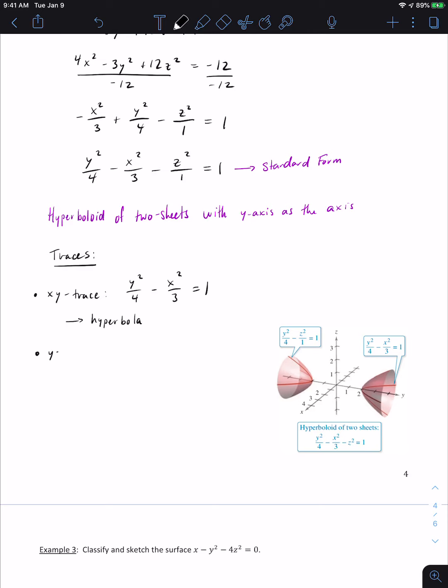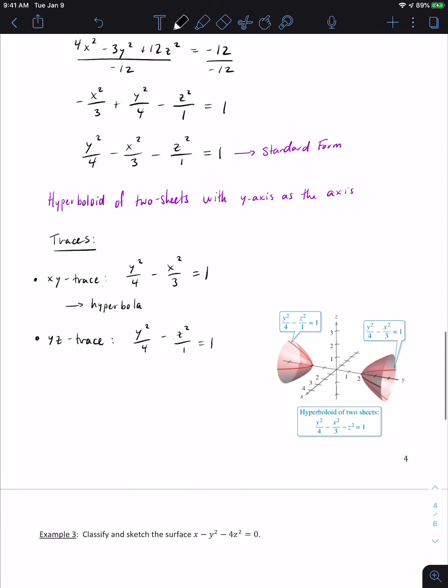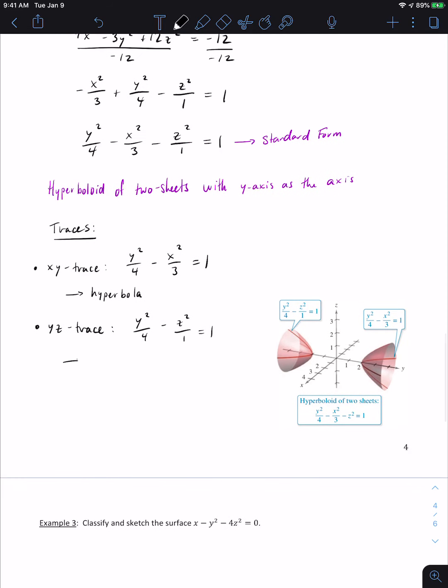Let's try the YZ trace. So the YZ trace is going to be y squared over 4 minus z squared over 1 equals 1. So again, that is another hyperbola.